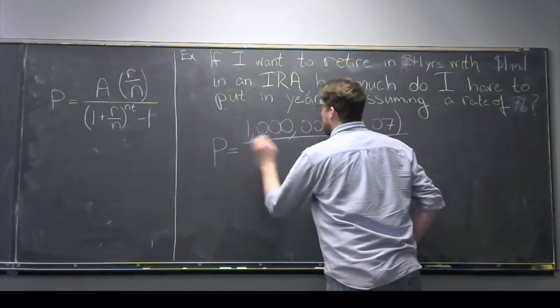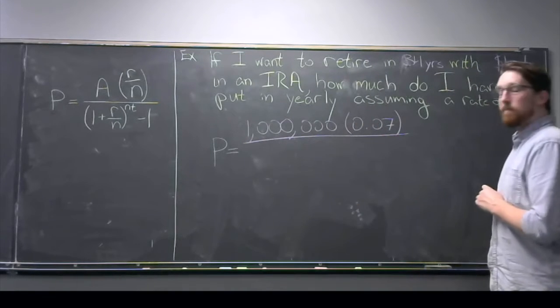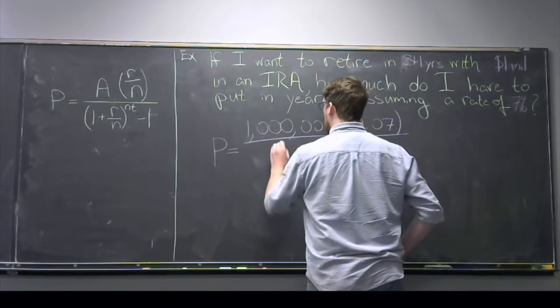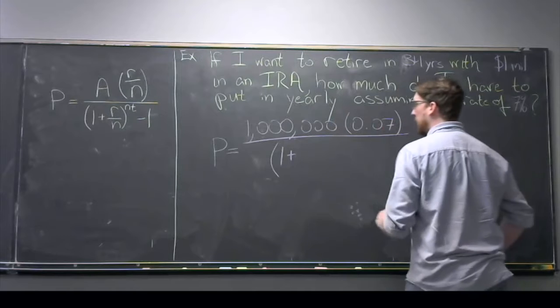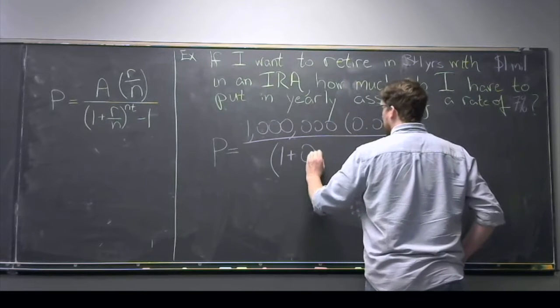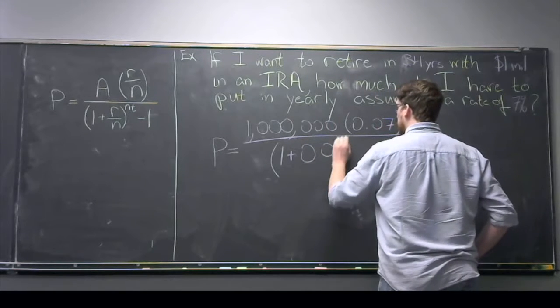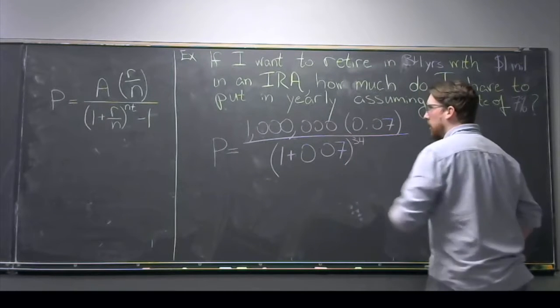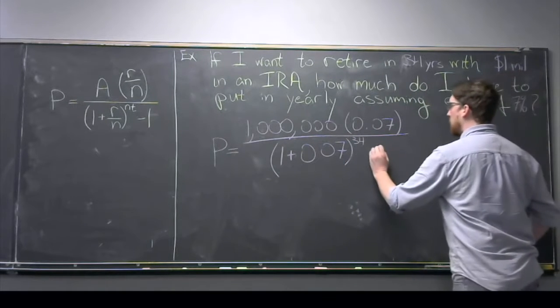And all of this is divided by 1 plus 0.07 raised to the 34th power, minus 1.